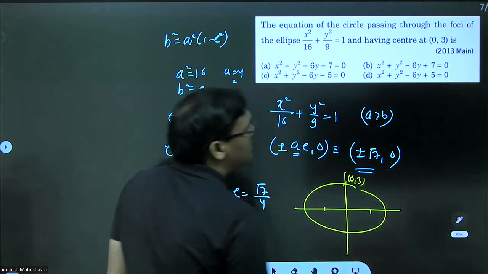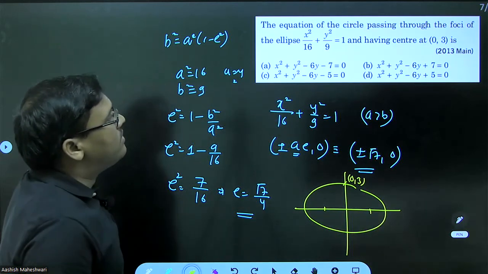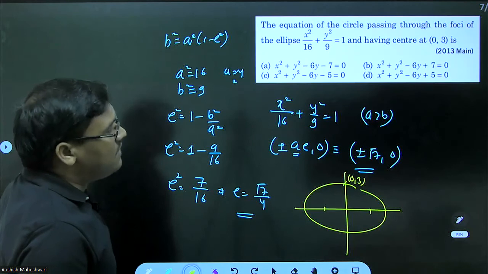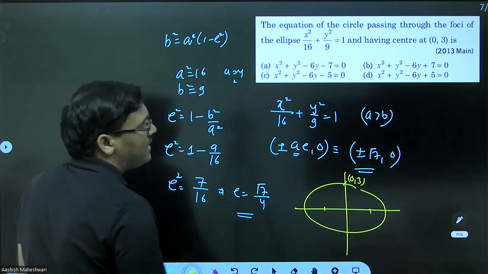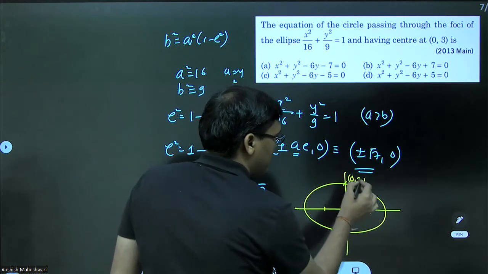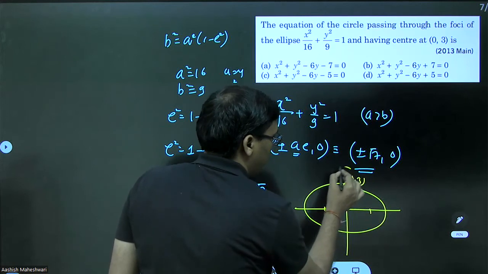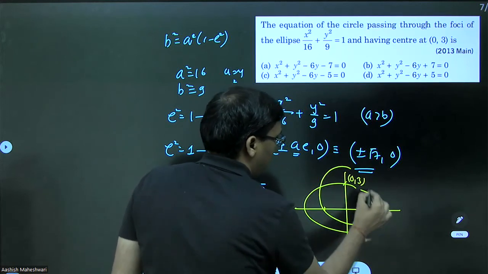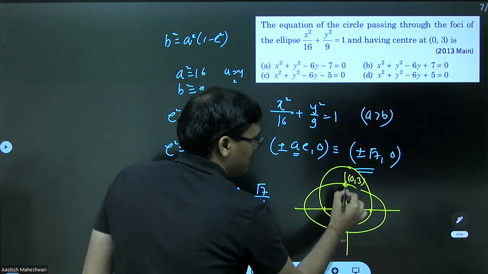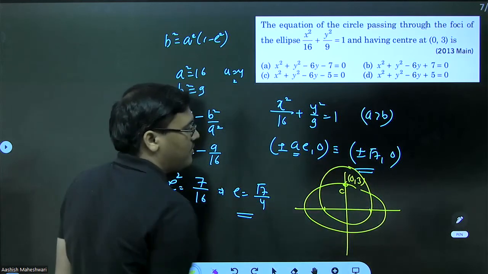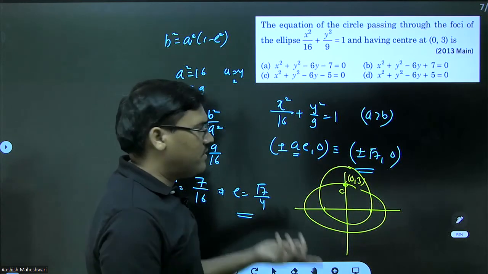Focus, right? Now we have to find the equation of the circle which is passing through the foci of this ellipse and having center at 0, 3. It is something like this. This is the center of this circle. So now we have to just find the radius of this.